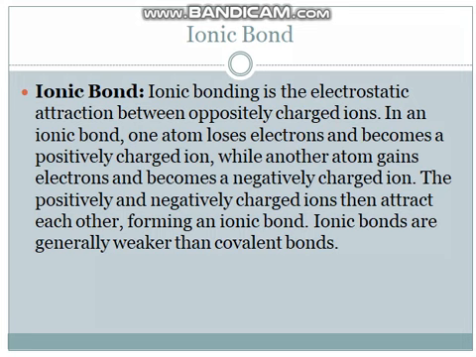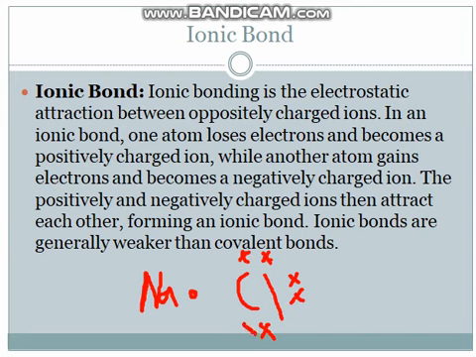Now, just to give you an example, I'm going to be drawing sodium and chlorine because that's an easy example. Sodium has just 1 electron in its outermost shell, while chlorine has 7 electrons in its outermost shell. Let me draw the electrons. It's really troublesome to draw this. Okay, 1, 2, 3, 4, 5, 6, and then 7 electrons.